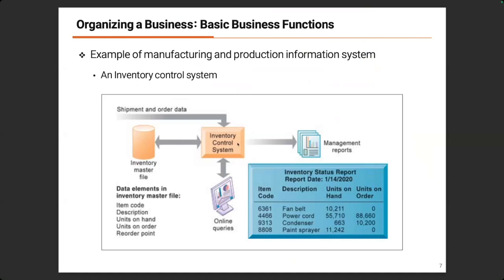And this inventory control system keeps track of changes in the number of units for each item from the shipment and order information. It tracks the number of units decreased when items are shipped or purchased, or units replaced by reordering or returns. So managers use these information systems to estimate the number of items to reorder and calculate the least expensive quantity to reorder.